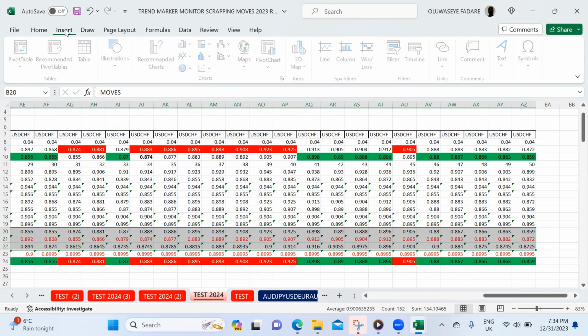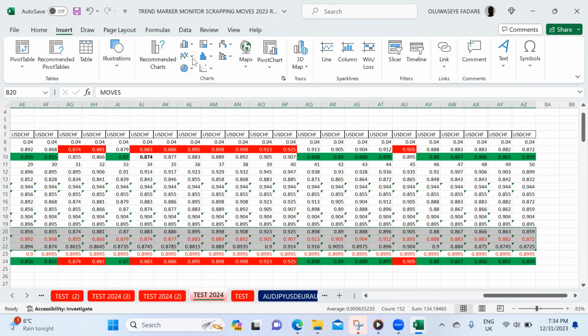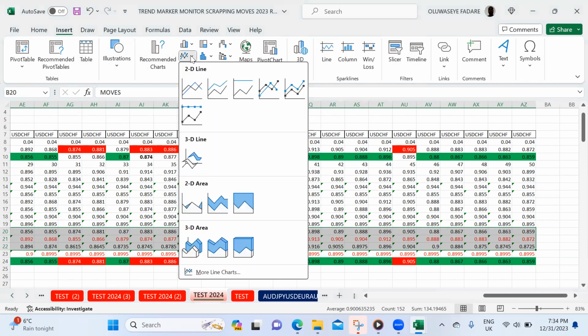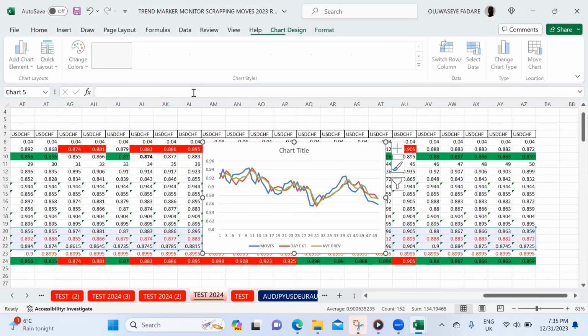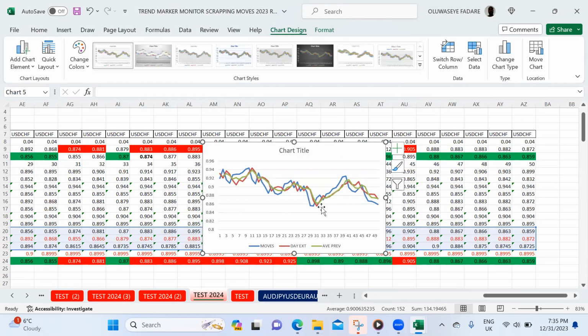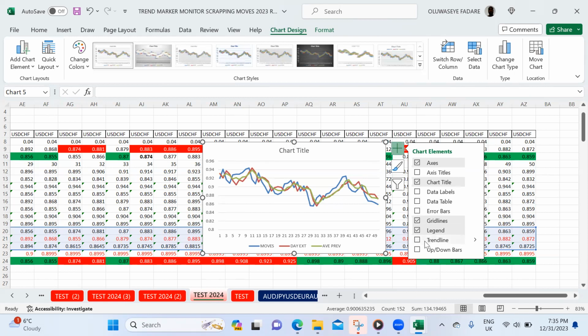So I go to insert. Then I come here, the up down trend bars.